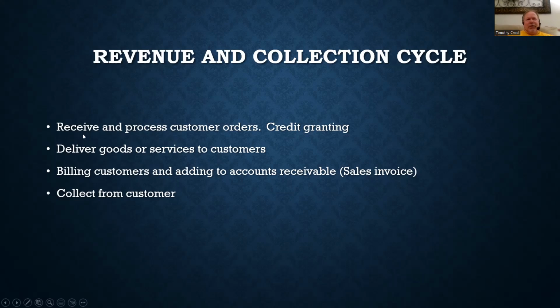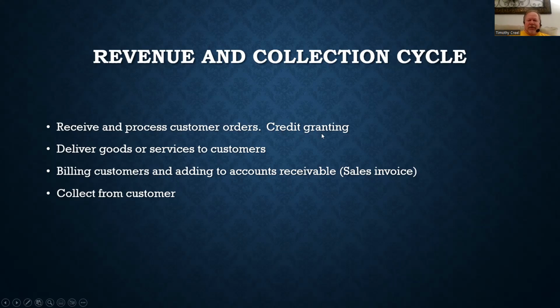So your book, near the beginning of the chapter, has like a big outline or kind of a diagram illustration of this process. And think about the revenue and the collection cycle and what occurs. So the company receives and processes customer orders, and that includes granting credit.